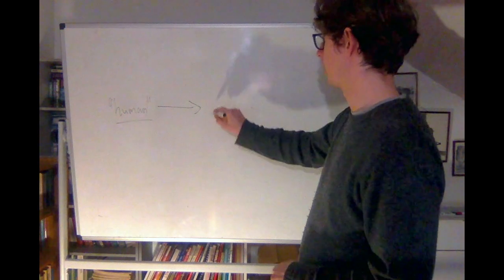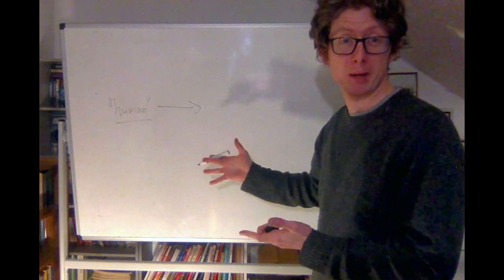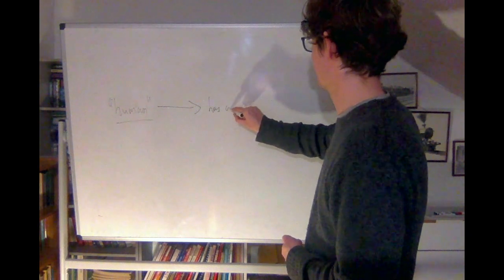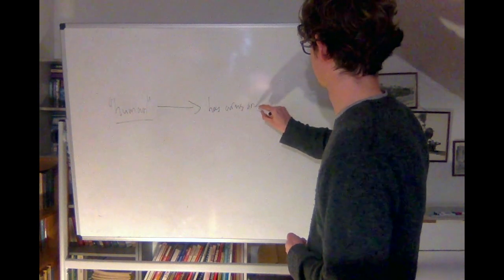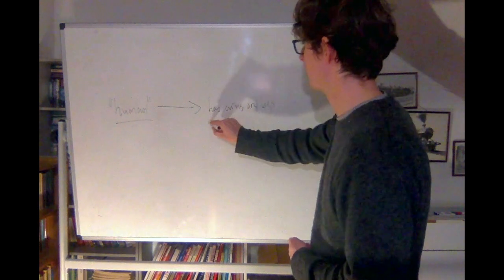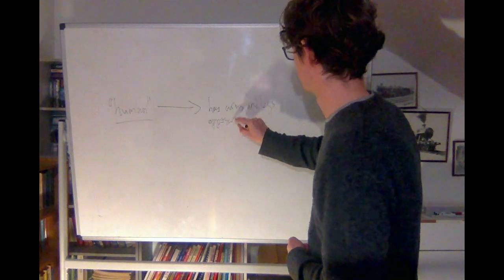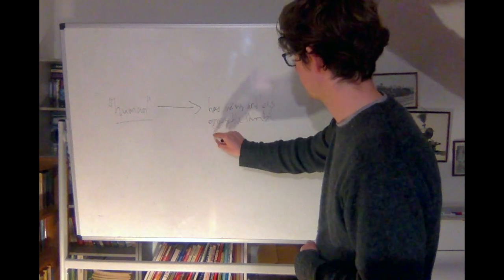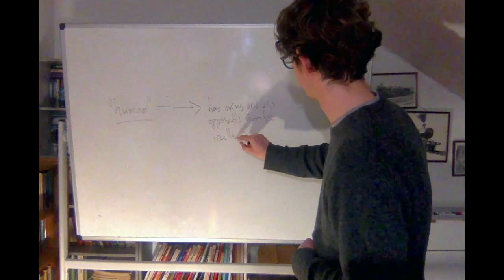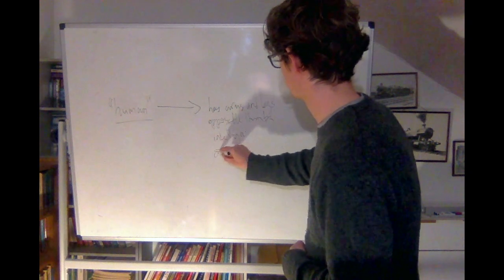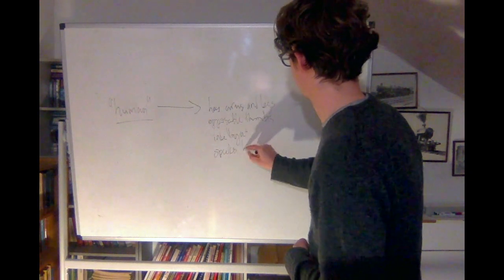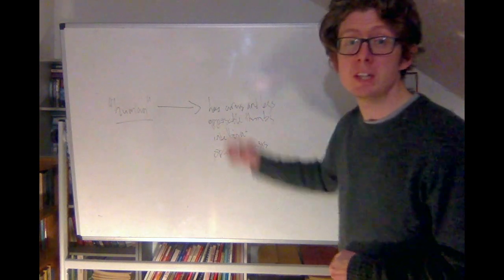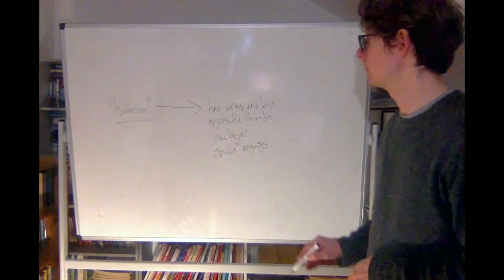So he doesn't really say a lot about what's in the connotation, but it might be something like, has arms and legs, maybe opposable thumbs, intelligent, speaks languages. So these are kind of things that would be in the connotation.